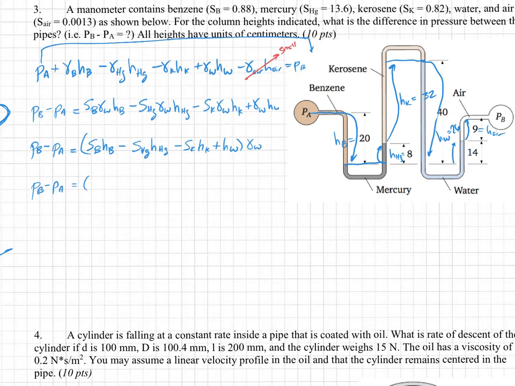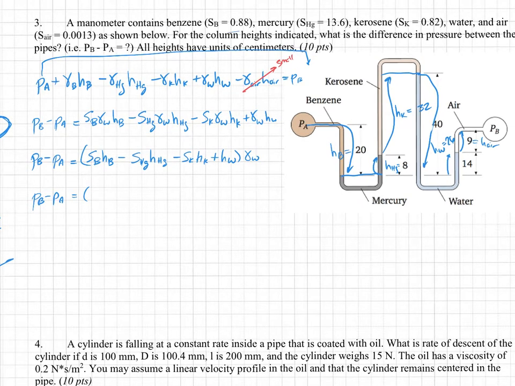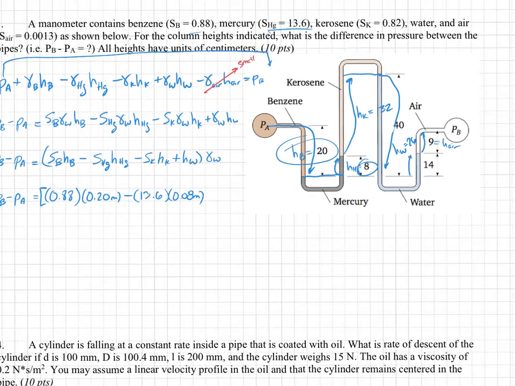I'll plug and chug. So S benzene is 0.88. The HB is 20 centimeters. Remember we need this in meters. Minus SHG. What's SHG? 13.6, times the HHG, which is 8. And then let's see here.